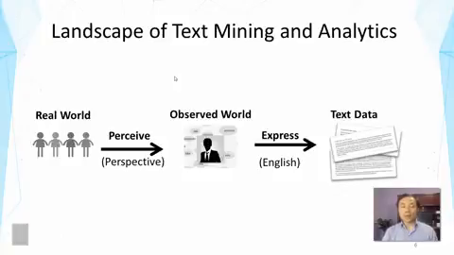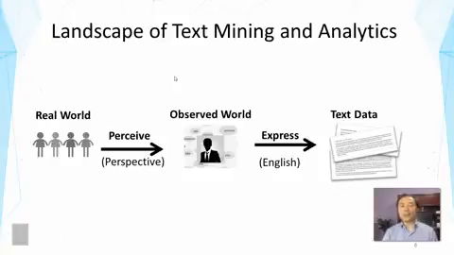Now, the observed world can be represented as, for example, entity relation graphs, or in a more general way using a knowledge representation language. But in general, this is basically what a person has in mind about the world, and we don't really know what exactly it looks like, of course.